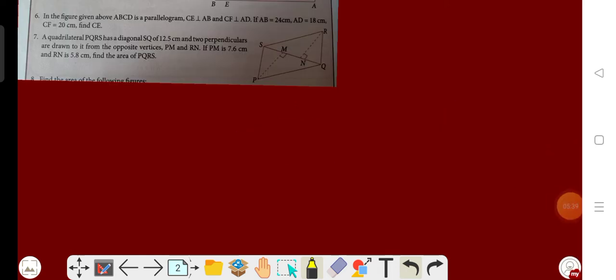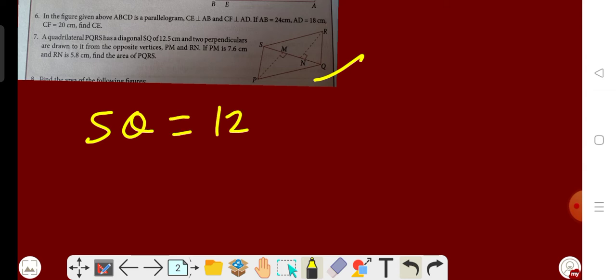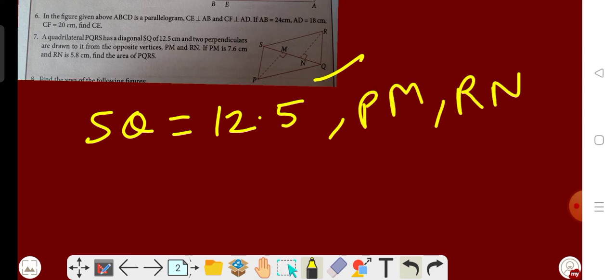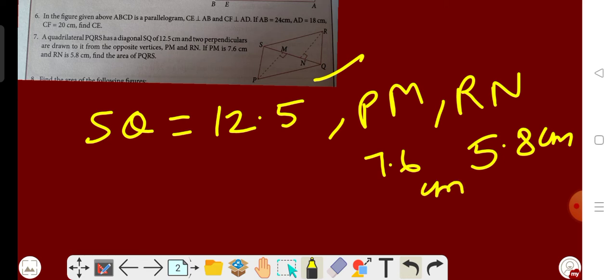In the next question, we are given a quadrilateral PQRS, in which the diagonal SQ is equal to 12.5, and two perpendiculars from the opposite vertices, PM and RN, are given. The value of PM is 7.6 and RN is 5.8 centimeter. We have to calculate the area of this quadrilateral.